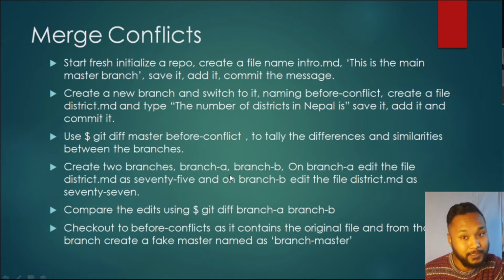Now create two additional branches, branch A and branch B. On branch A, we edit the file district.md and save it with the answer 75.